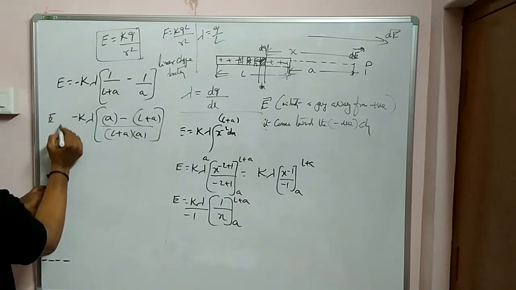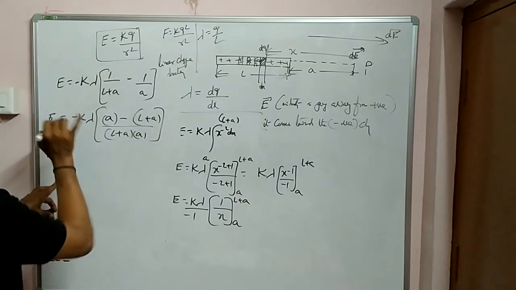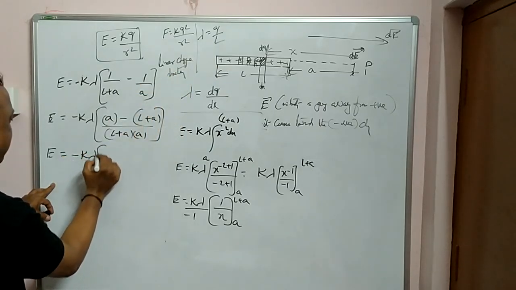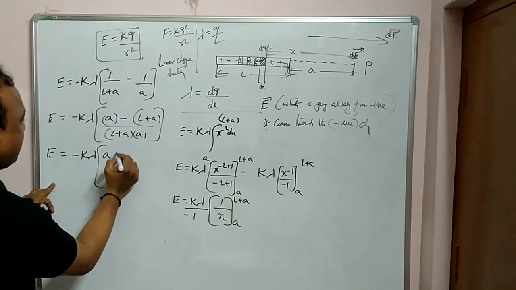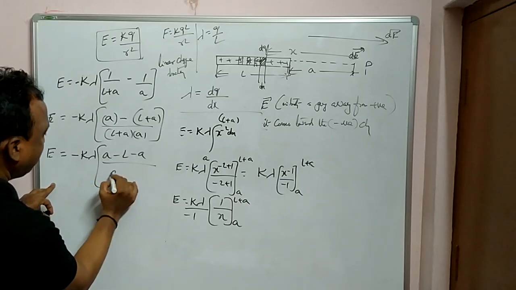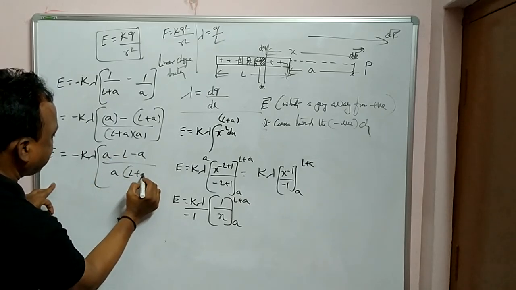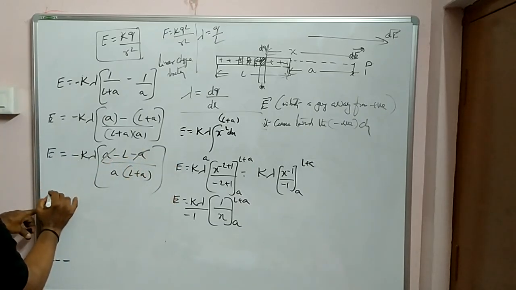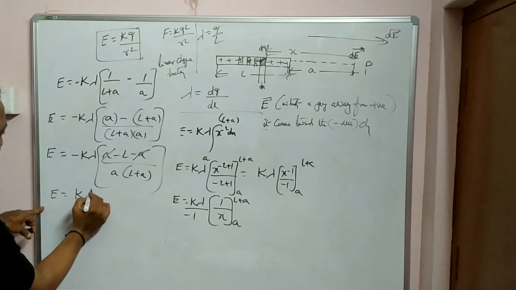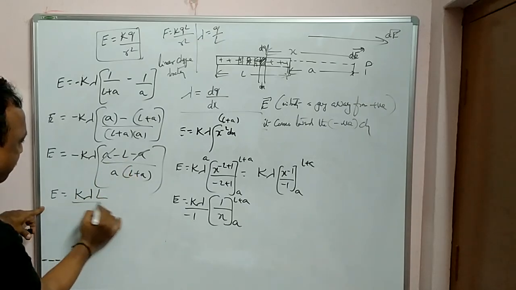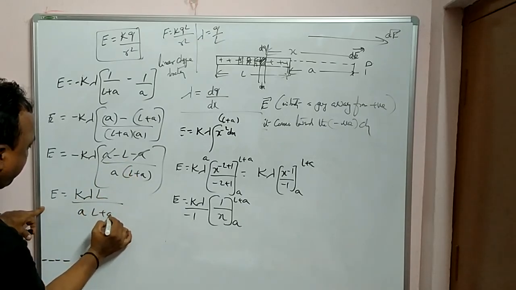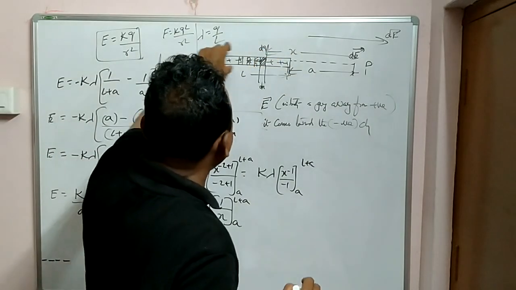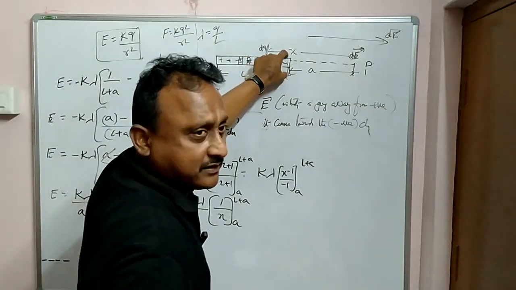So E at that point, away from the positive charge, is minus K lambda into A minus L minus A by A into A plus L. Plus A minus A cancel, and minus into minus is plus. Therefore E is equal to K lambda into L by A into L plus A. And here, what is the total charge of this entire one?